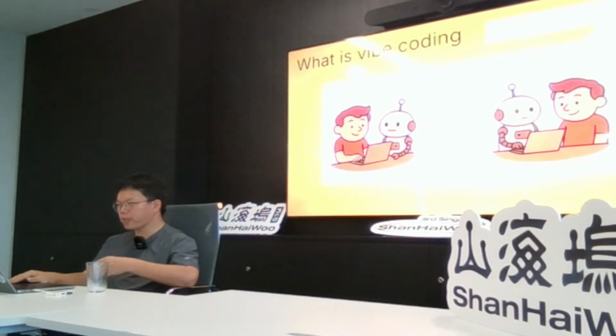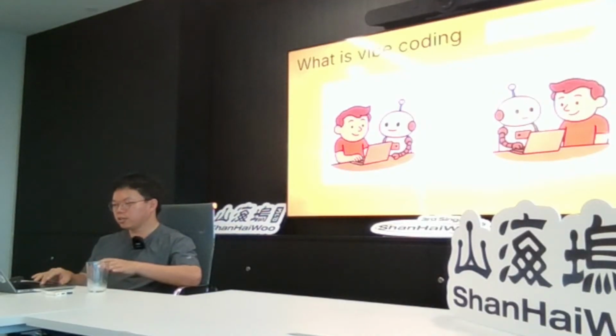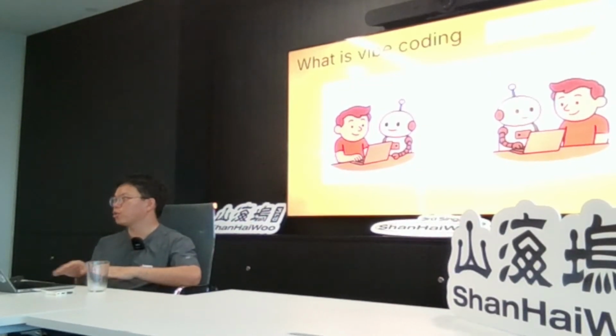So there are a lot of ways to use AI for coding, but the difference with vibe coding is that before vibe coding, you are the main developer, and AI is the assistant or the helper that helps you do the coding.